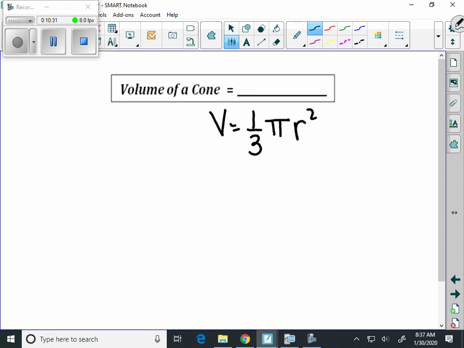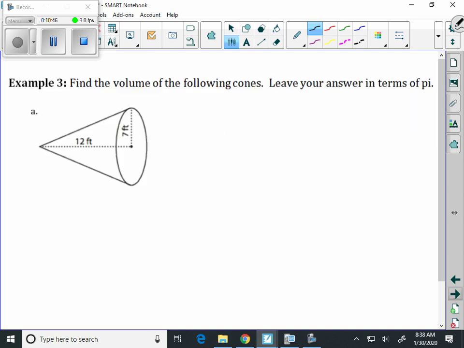So the area of the base is pi r squared, times the height. And again, that formula will be provided for you. Now that we have that information, we're going to use it to answer a few examples.